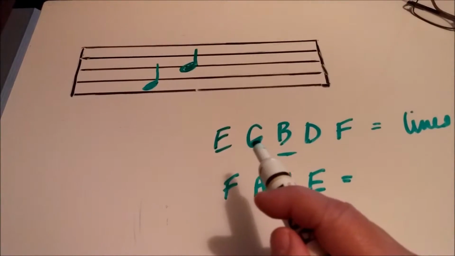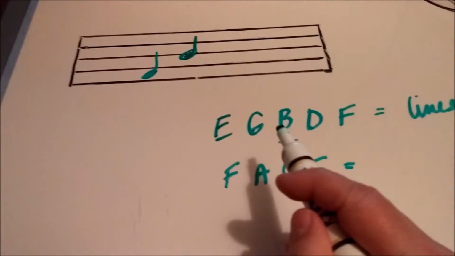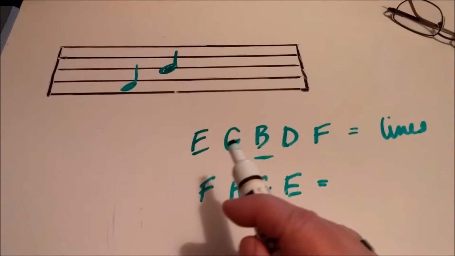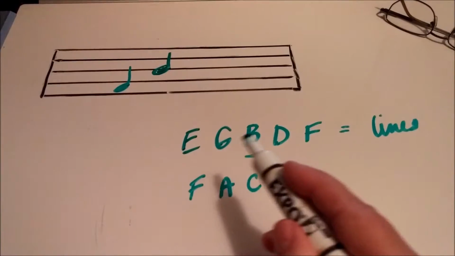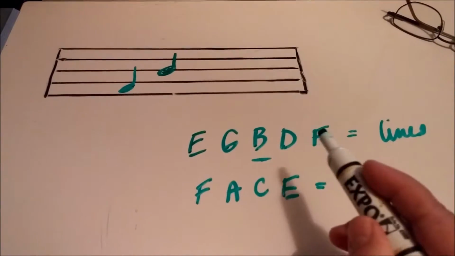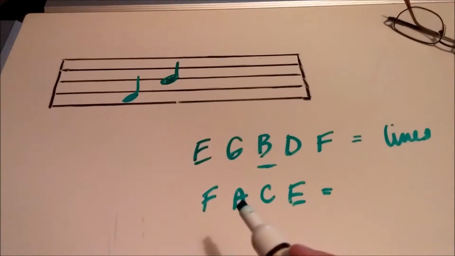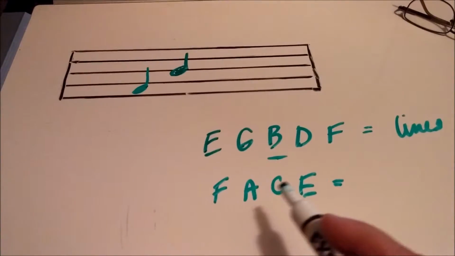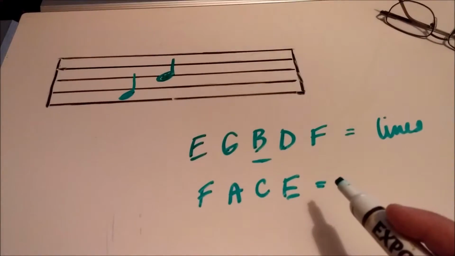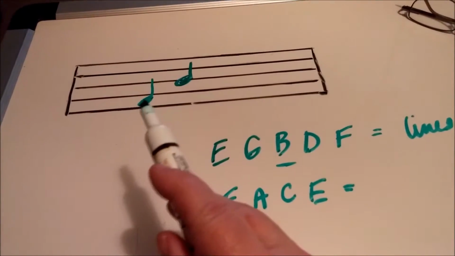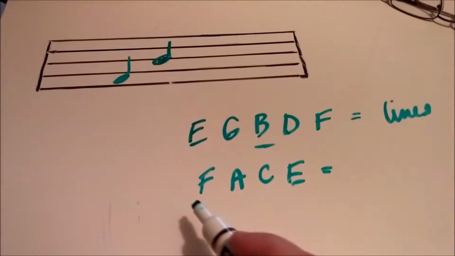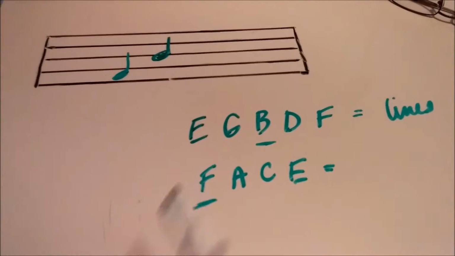Now the top one, every good boy does fine. You can use these letters for something like every guitarist buys different something or other, whatever. However you want to use this little acronym to remember this is up to you. This one's the easiest, F-A-C-E. It makes up face. So now, what would this note be here? It's right here.